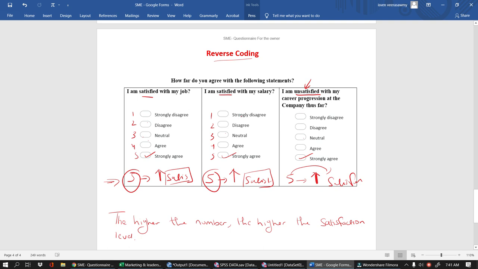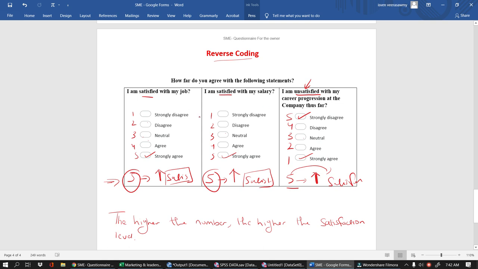Instead of 1, you say 5, 4, 3, 2, 1. Now, if I responded 5 over here, this would mean I strongly disagree that I'm unsatisfied with my career progression at the company thus far. Then it would make sense. So a high number would always mean a high level of satisfaction.